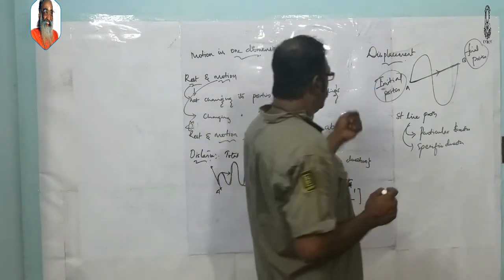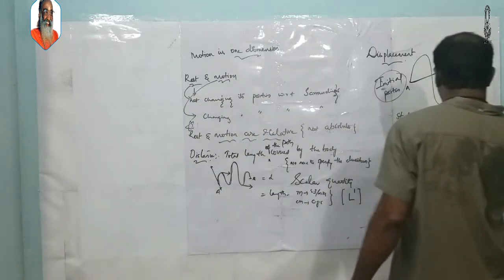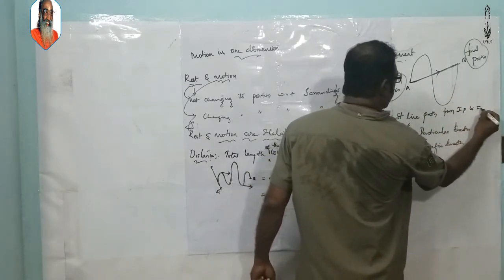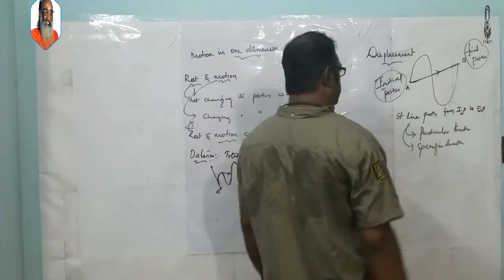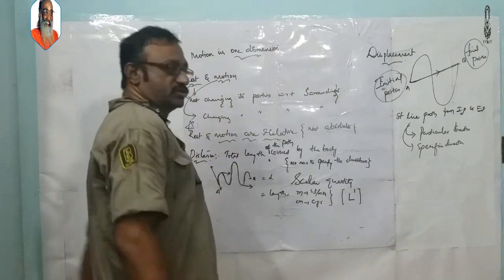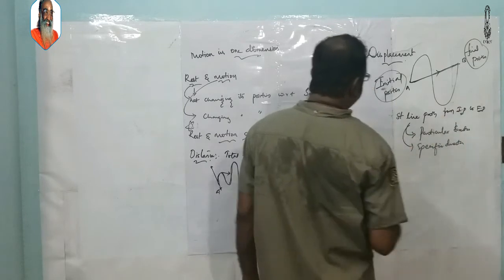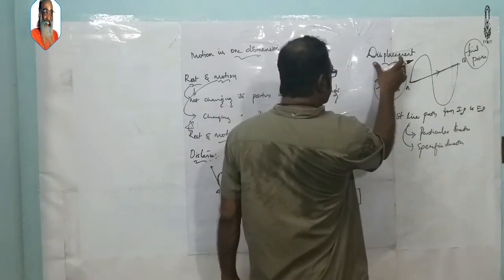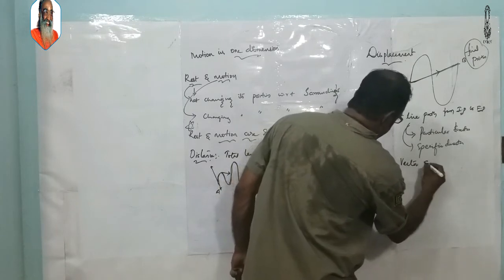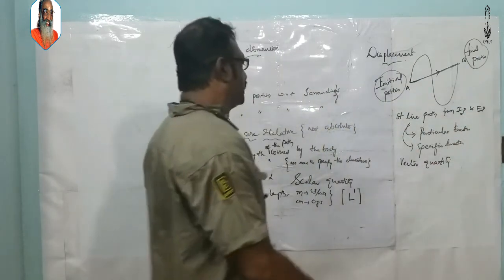Okay, so to define this, we understood that displacement is the straight line path from the initial position to the final position. If you want, you can also specify a particular direction, no problem. We understood that this has a particular direction, so this is a vector quantity.